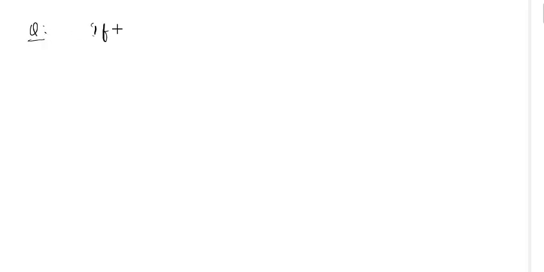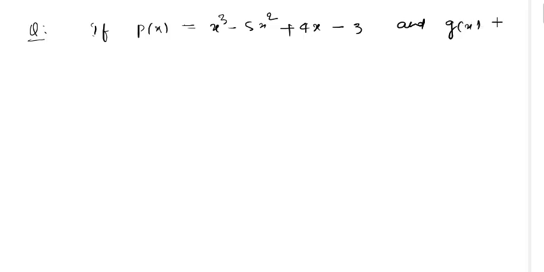We have been given p of x equal to x cube minus 5x square plus 4x minus 3. And one more thing we have been given, g of x is equal to x minus 2. These two things they have given.